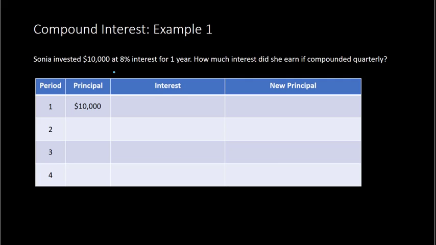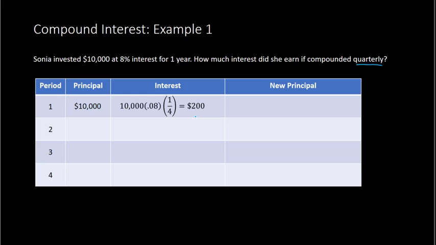So 10,000 times 8% times time, and for one period the time is 1/4 of a year, since it's compounded quarterly. I do 10,000 times 0.08 times 1/4, and the interest earned is $200.